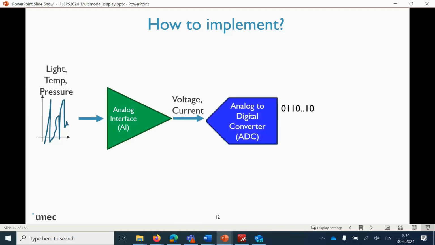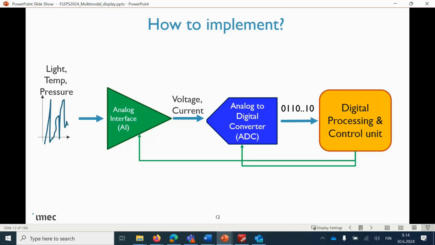Then you will need an analog to digital converter, which will convert this analog current or analog voltage to a digital form, a string of 1 and 0s, which represent a high or low, which later on will be used from the digital processing and control unit to do the tasks that you need to do more efficiently, faster, and also control back the blocks before that to do the right and correct tasks, and many times also calibrate and improve the performance.